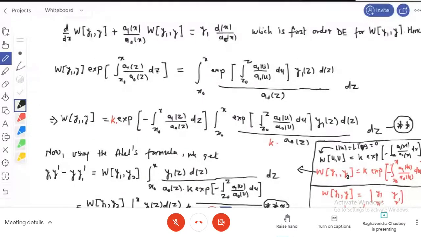If you integrate with respect to z, this is a function of z, then you put in the upper and lower limits. So you get a function of x only, because x0 is a constant, and this is your given initial condition.